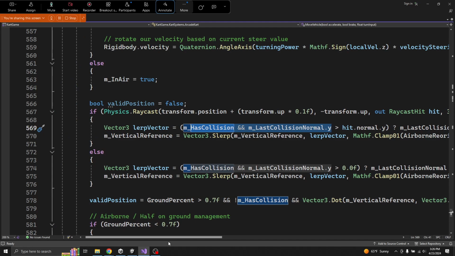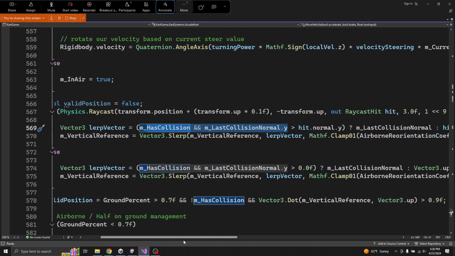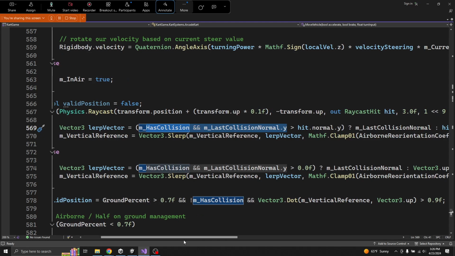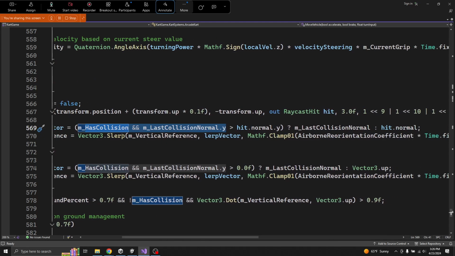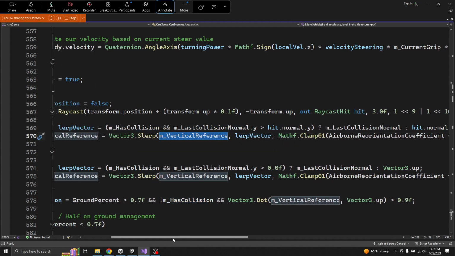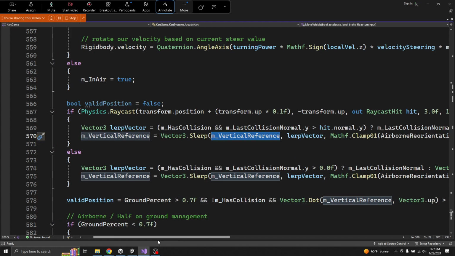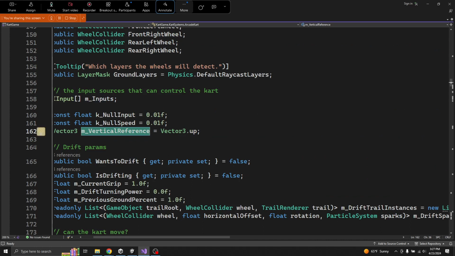So our vertical reference. Vector3.slerp. So we're going to do a spherical interpolation from A to B. So from our vertical reference, let's take a quick look where this was. Okay, so it's vector3.